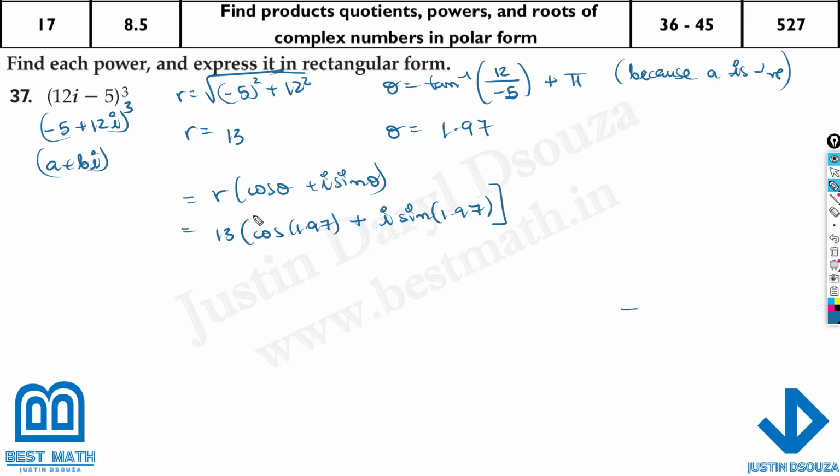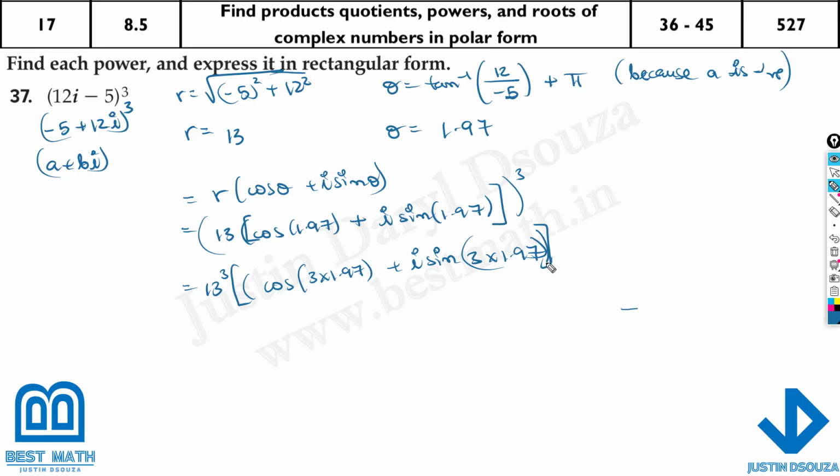This everything is raised to the power how much? 3. So that is going to be 13 to the power 3 times cosine, sorry, not theta, cosine 3 times 1.97 plus I sine 3 times 1.97. That is how we use the powers here.